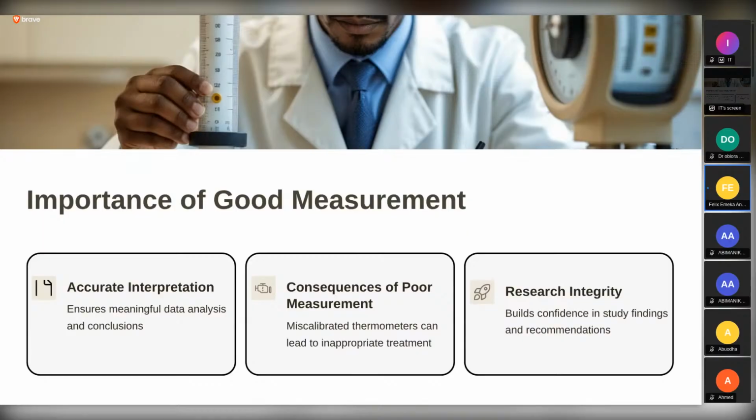So accurate interpretation matters, because if you don't get accurate answers to the questions you've asked, then you're definitely going to have poor measurement. No matter what you're measuring, it will not be correct, and that will jeopardize research integrity. Trust me. And whatever recommendations you make from your findings will not be correct.